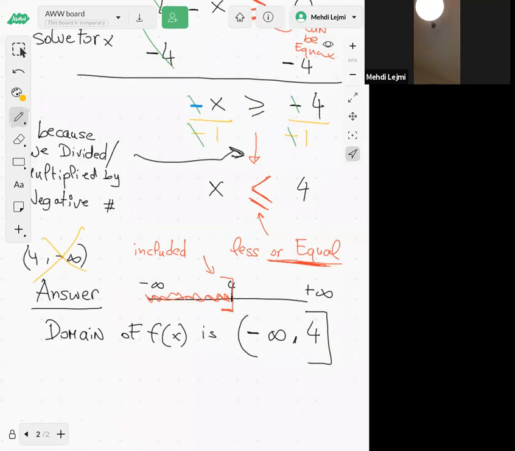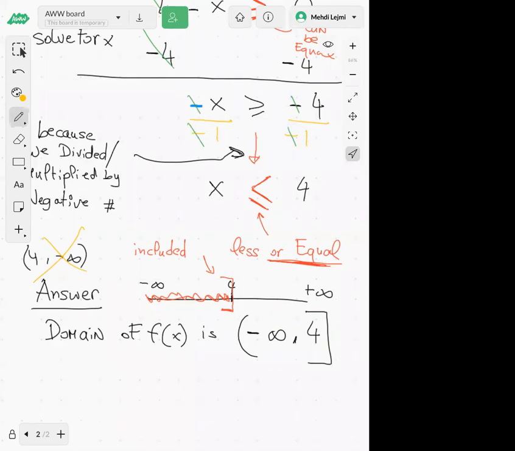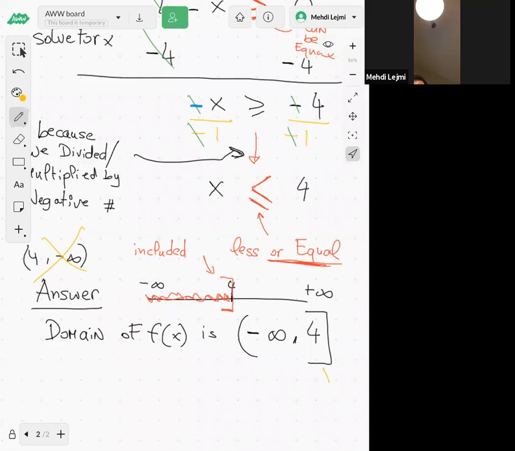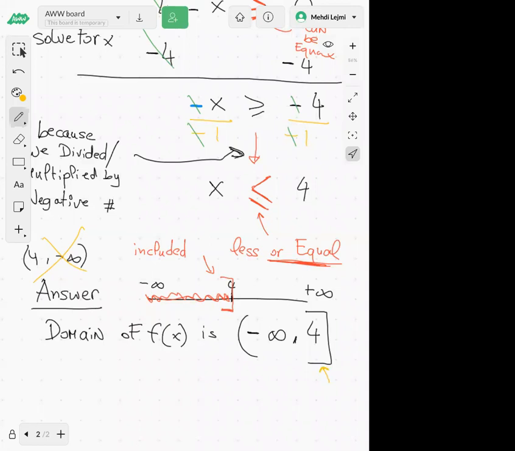Yes, Lisbeth. For example, when we have a division, we don't have to put parentheses, we have to put the bracket.